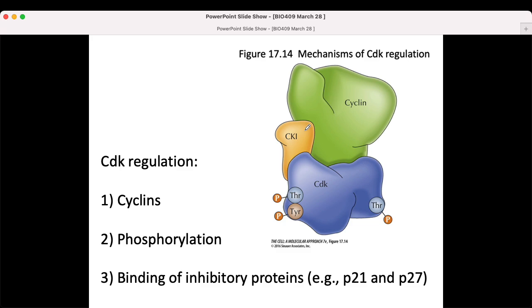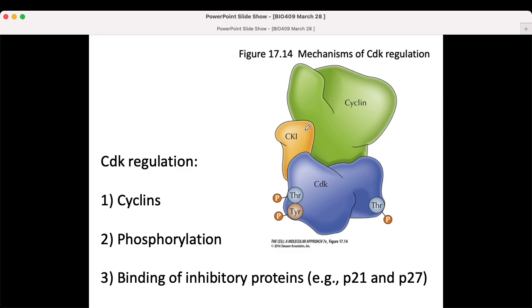And you don't have to remember the numbers, but you do have to remember that it's a family, and there are different ones that regulate start and that regulate entry into mitosis. Just as I go along, I might accidentally call this one CDK1, because that's its name, and you can just remember it's CDK, but you do need to remember it's different ones, different story.